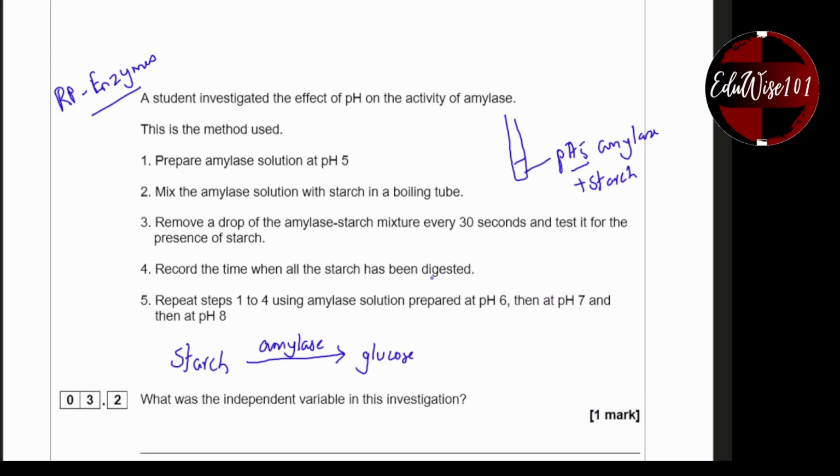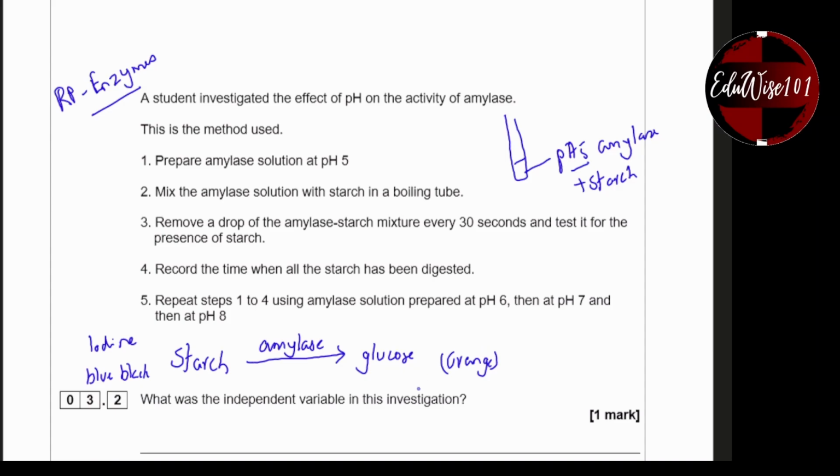Record the time when all the starch has been digested. Now starch will go blue-black with iodine. With glucose, it will just simply be the orange color or brown color.